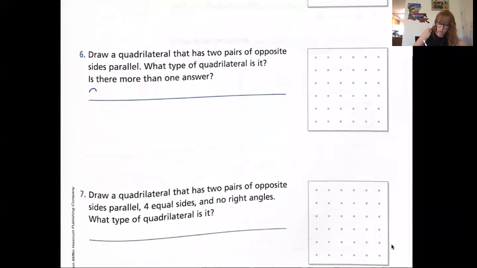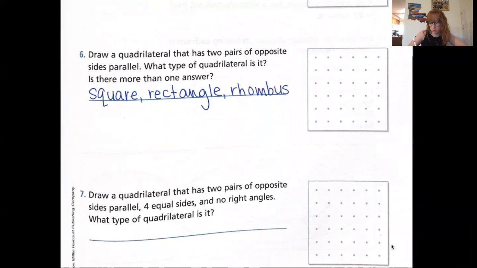We could have a square. We could have a rectangle. We could have a rhombus. And we can have a parallelogram.